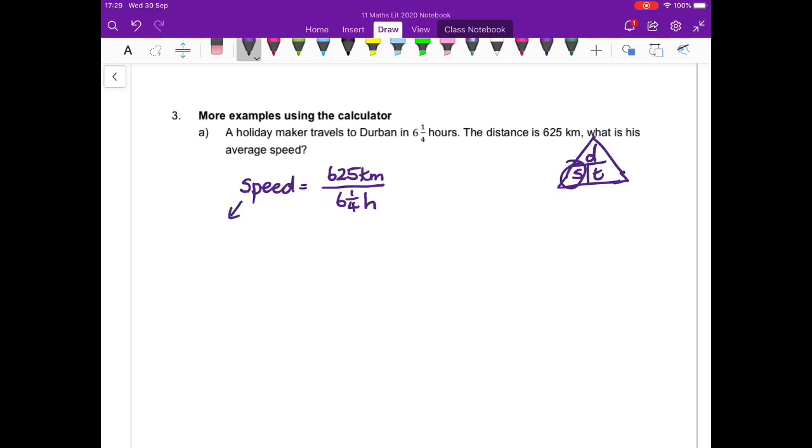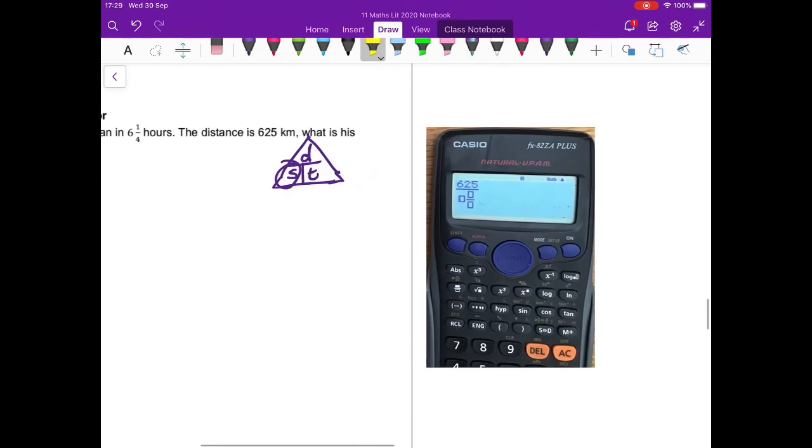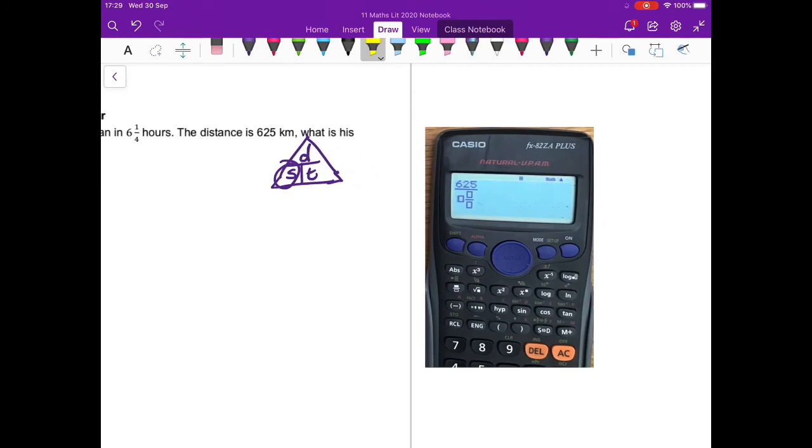You've got to remember speed is always in kilometers per hour, which is fine because you've got kilometers per hour over here. Let's have a look how we're going to put this in on the calculator. So the first thing you're going to do is press your fraction button.